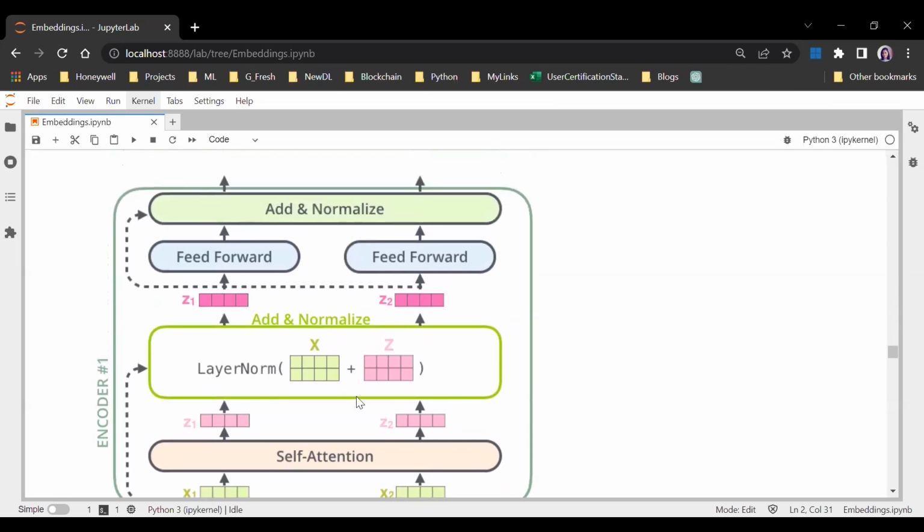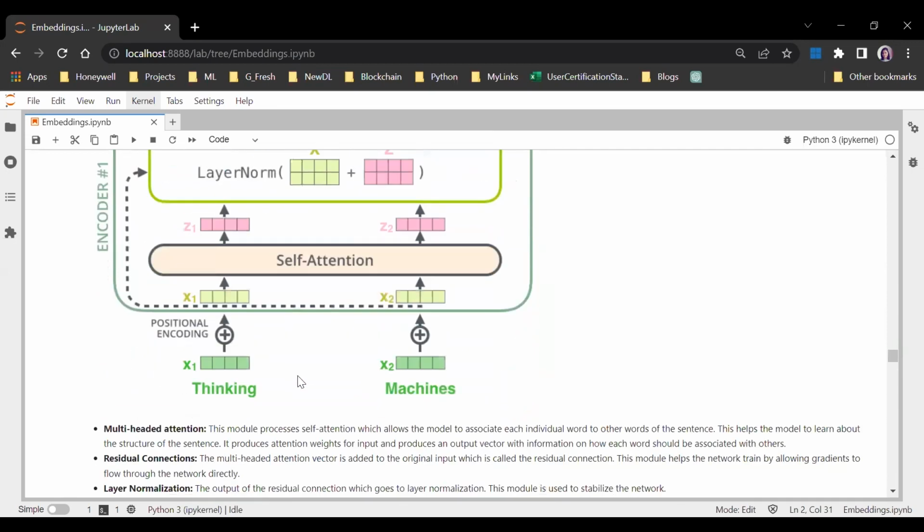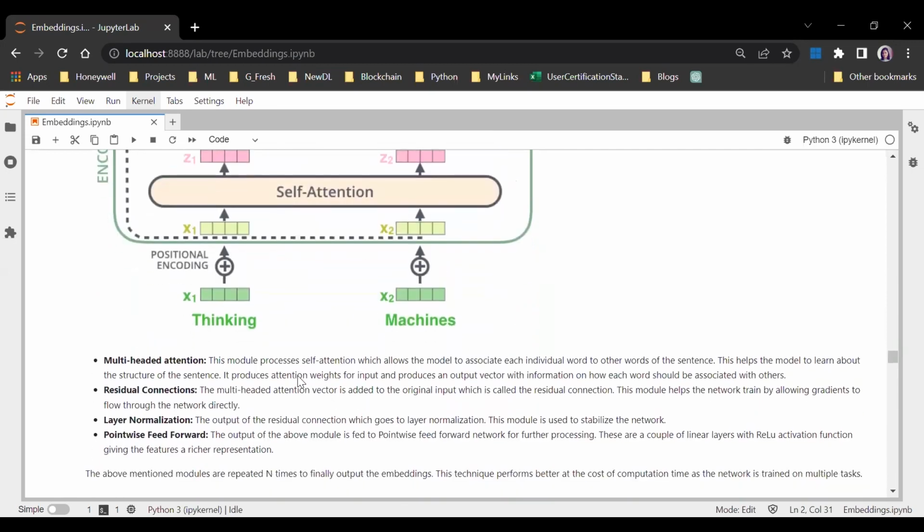The output of the self-attention layer goes to a layer normalization. Then the output of layer normalization goes forward to the feed forward neural network. And then again, we have add norm or residual connection. So in this, I have captured at a high level what each of these 4 layers mean in terms of this transformer architecture.